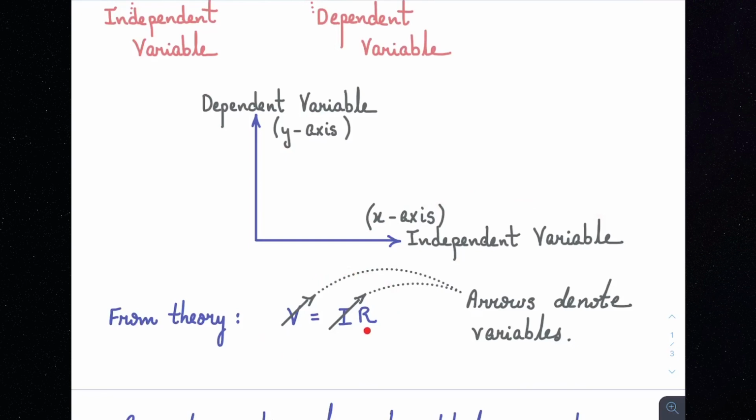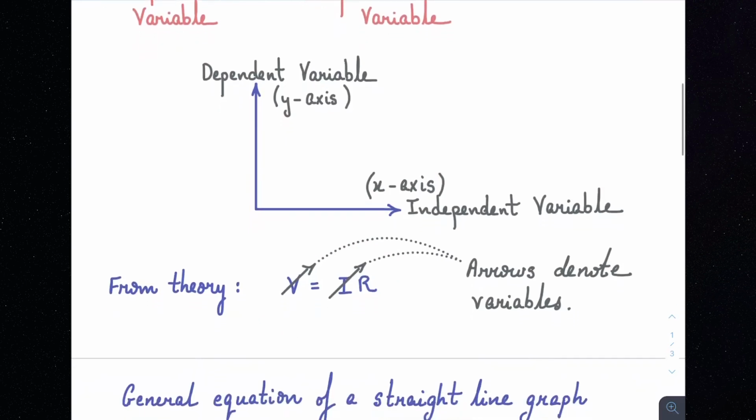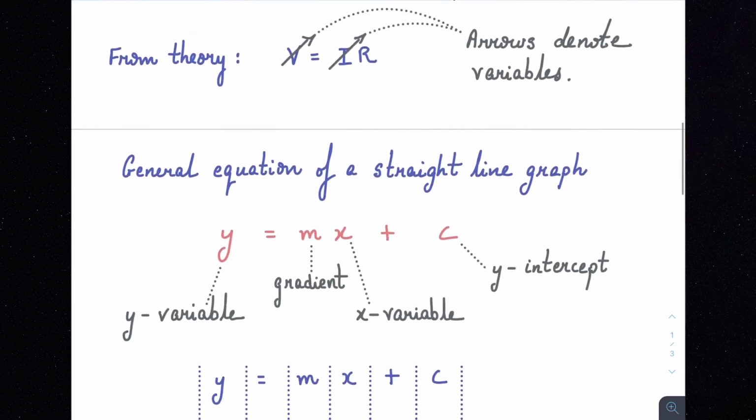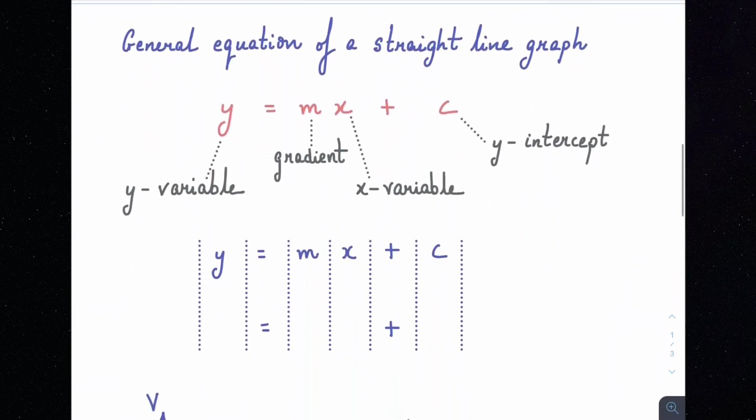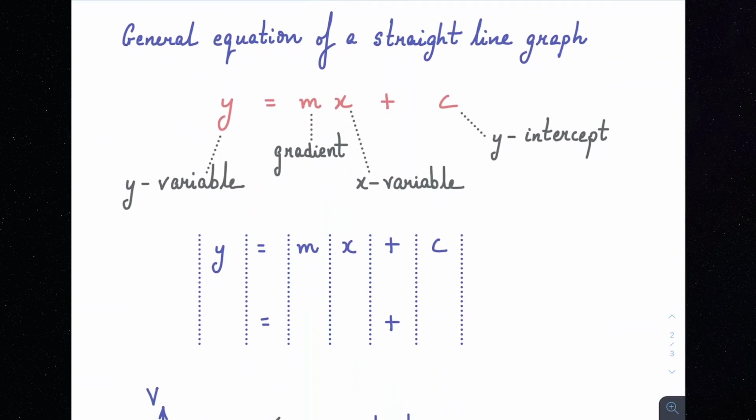In this case, we have R constant. When plotting a graph, our aim will always be to end up with a straight line graph. And this is because we can easily deduce information from a straight line graph.